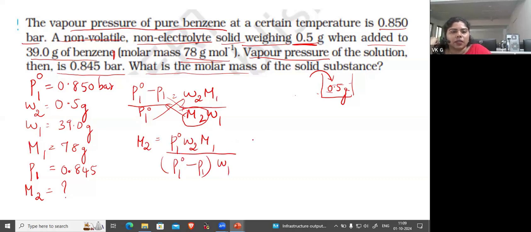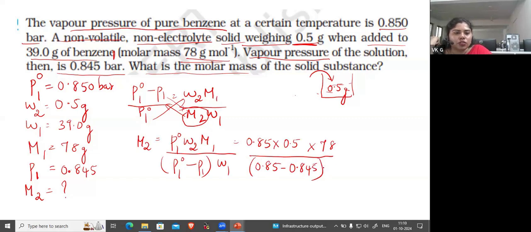P1 naught value ಗೊತ್ತಿದೆ ನಿಮ್ಗೆ ಎಷ್ಟು? 0.85 bar into W2, ಎಷ್ಟು ಕೊಟ್ಟಿದ್ದಾರೆ? 0.5 gram into M1, ಎಷ್ಟು ಕೊಟ್ಟಿದ್ದಾರೆ? 78 gram divided by P1 naught ಎಷ್ಟು? 0.85 bar minus P1 ಎಷ್ಟು? 0.845 bar into W1. W1 ಎಷ್ಟು? 39 gram. ಇಷ್ಟೆಲ್ಲ ಹಾಕಿ calculator ಅಲ್ಲಿ, you can put it up. I think you're going to get the answers.